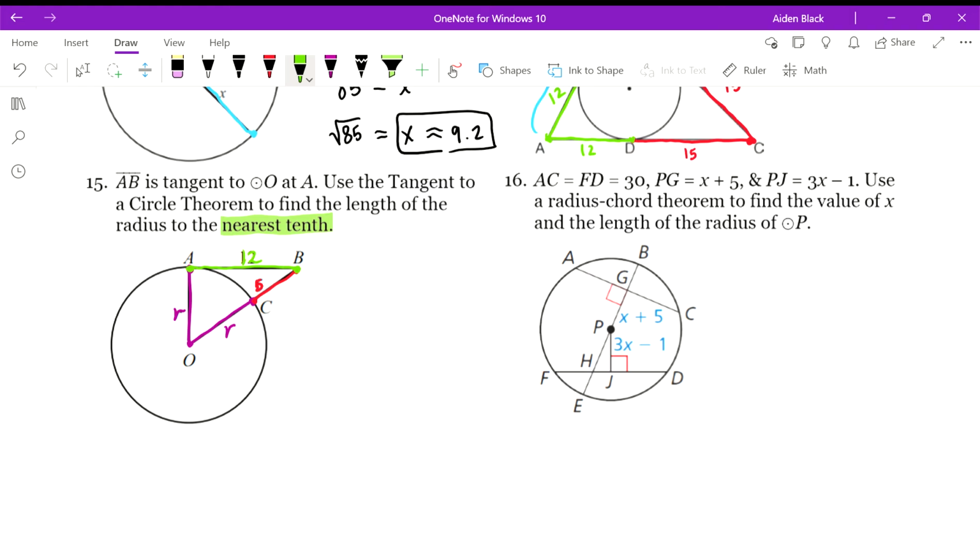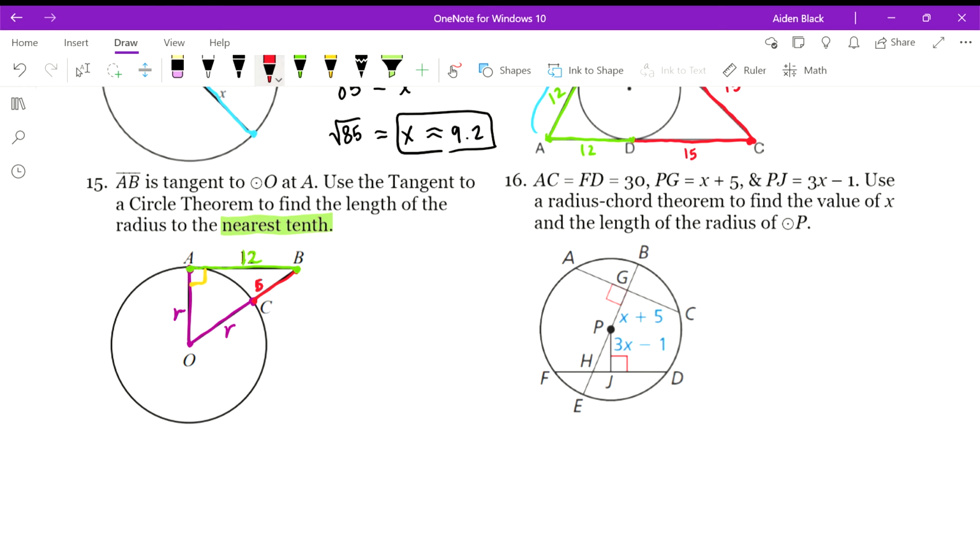It tells us that it's a tangent segment, and since it's a tangent segment, it creates a right angle right here. That has to be the case. Since it's a right angle there, we have a right triangle, and we can set up the Pythagorean theorem.